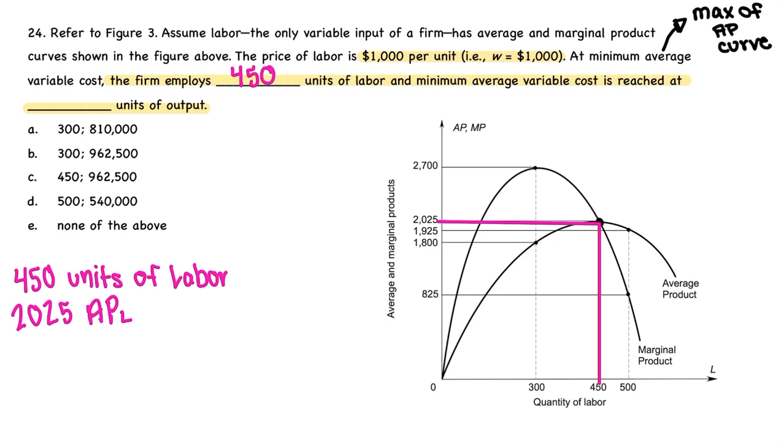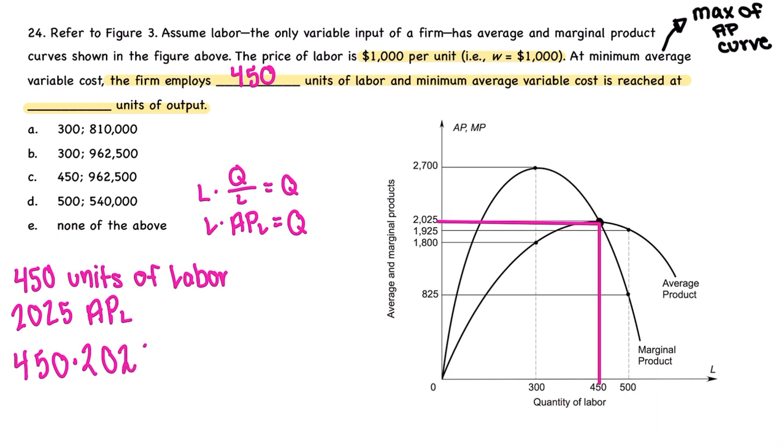And then labor times average product of labor will give us our quantity, because that's labor times quantity over labor, which gives us just quantity. So 450 times 2,025 will give us our quantity.